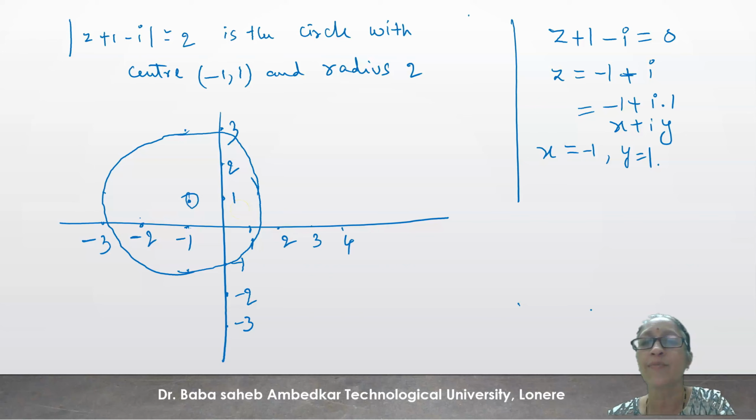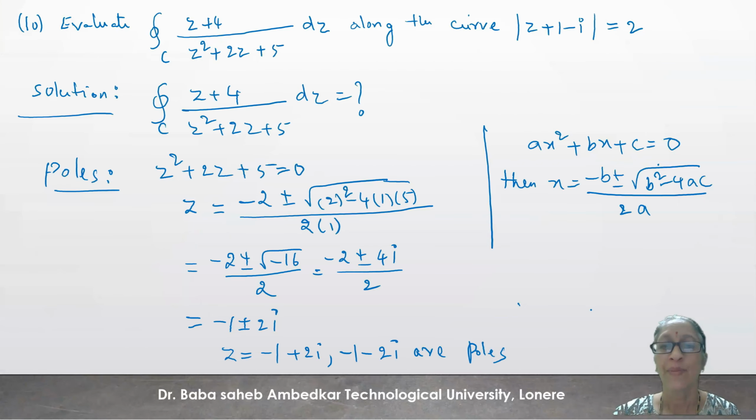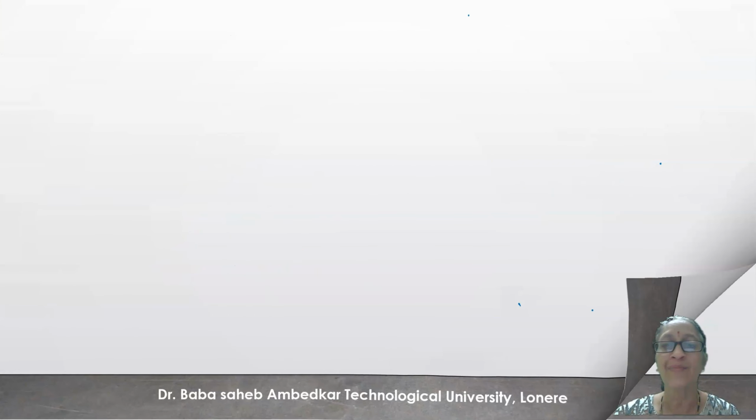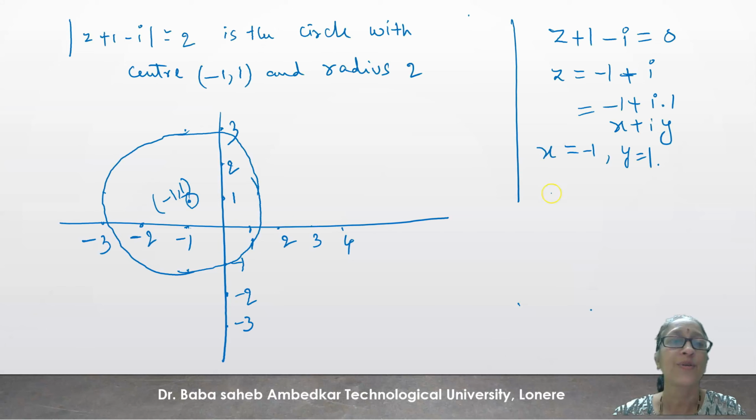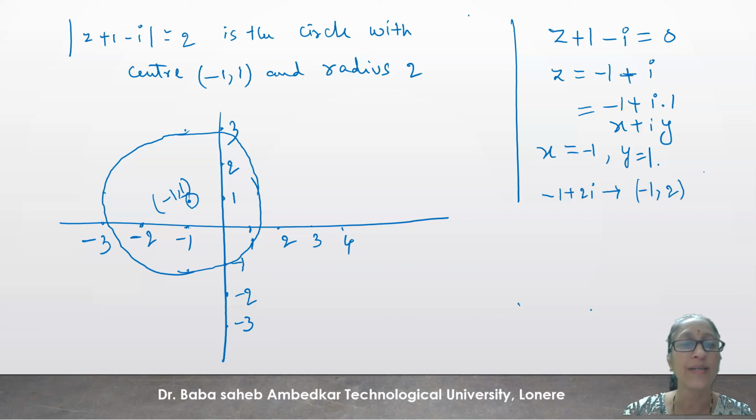Now what are the points? This is minus 1, 1, the center. What are the poles? The poles are minus 1 plus 2i and minus 1 minus 2i. Minus 1 plus 2i in ordered pair form means x is minus 1, y is 2.